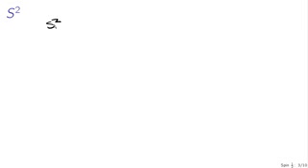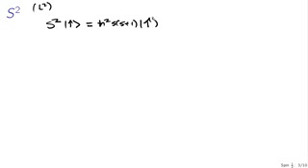S squared, which is our counterpart for L squared, acting on the spin up case, is going to give us our eigenvalue, which was h bar squared s(s+1), and this is an eigenstate of S squared by construction. S, in this case, is 1/2, and if you plug this in, you find this is equal to 3/4 h bar squared.